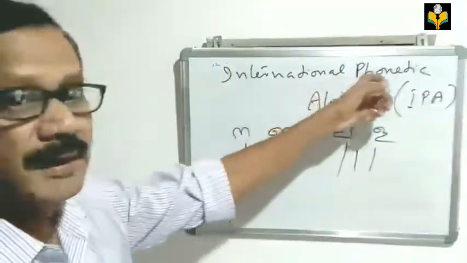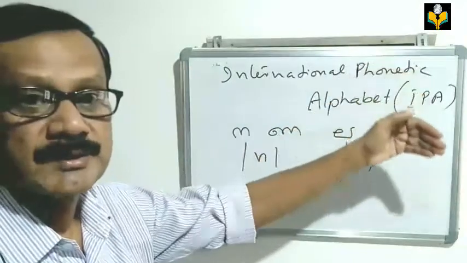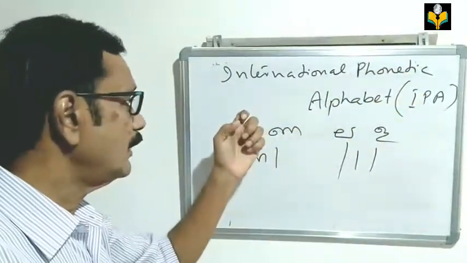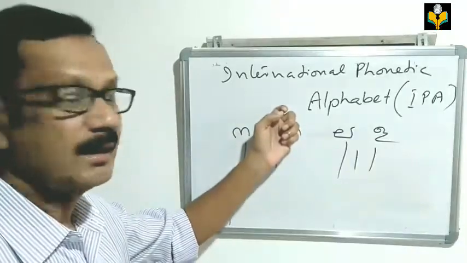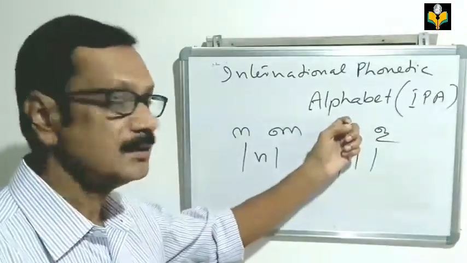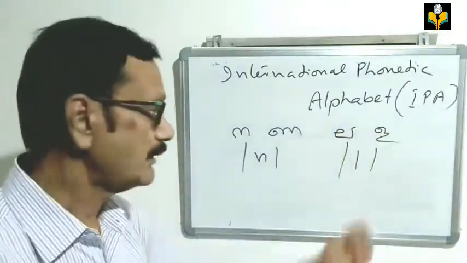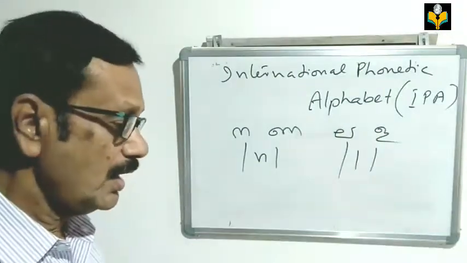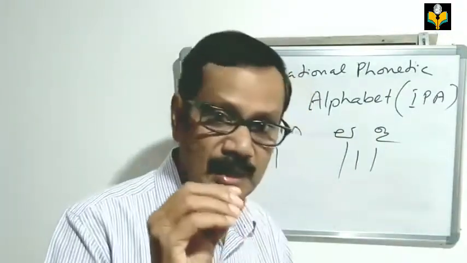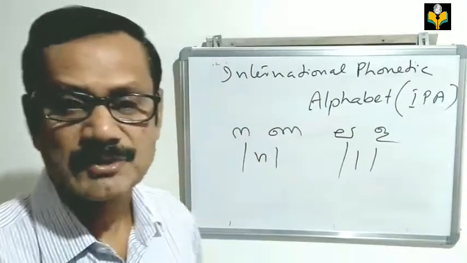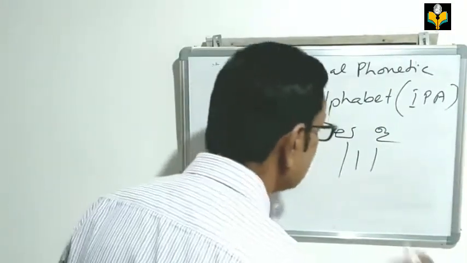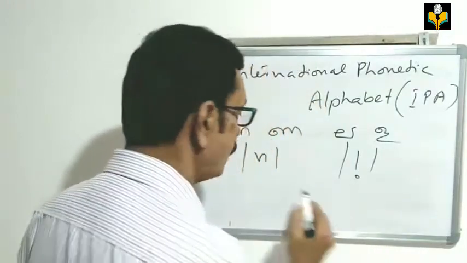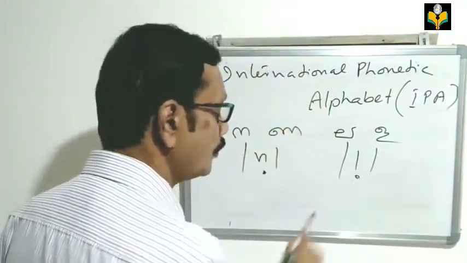So in the IPA, we can have a symbol for each of these sounds. Each phoneme has got a symbol.